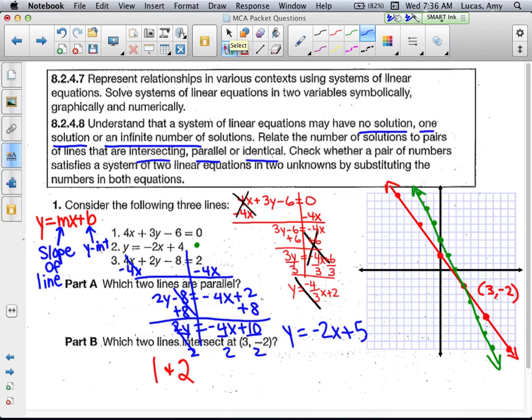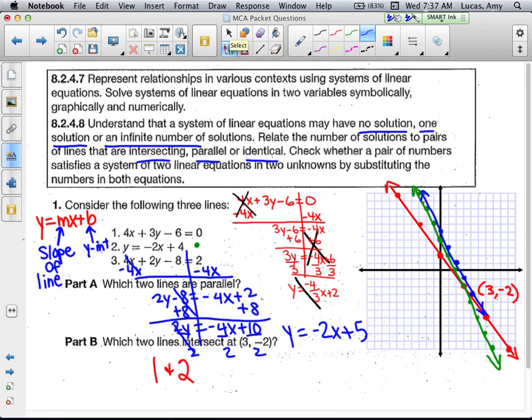So if I start at 5, and I go down 2/1, down 2/1, what you should notice is this line is parallel to my green line, and it's right by it. It's actually right above that green line. So they've got the same slope, and when the lines have the same slope, they are parallel.